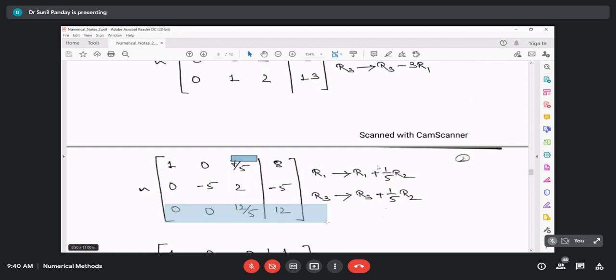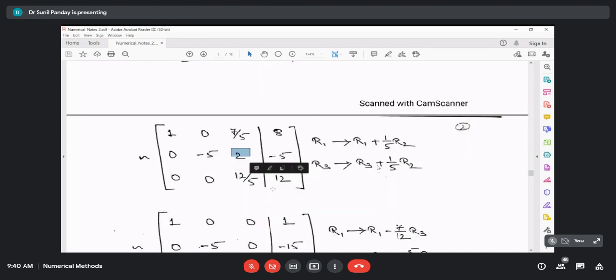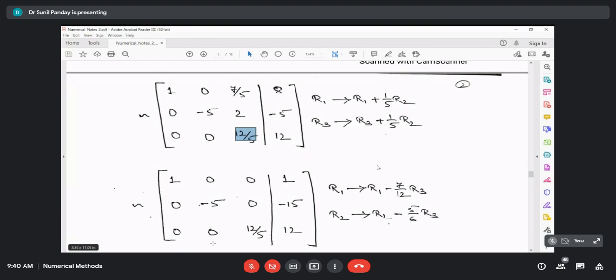If I use any other row, then this 0 may be disturbed. So to produce 0 at this place, I will use row 3: R1 goes to R1 minus 7 upon 12 R3, so I will get 0 here, and with minus 5 upon 6 R3, I will get 0 here. Like this I am getting.